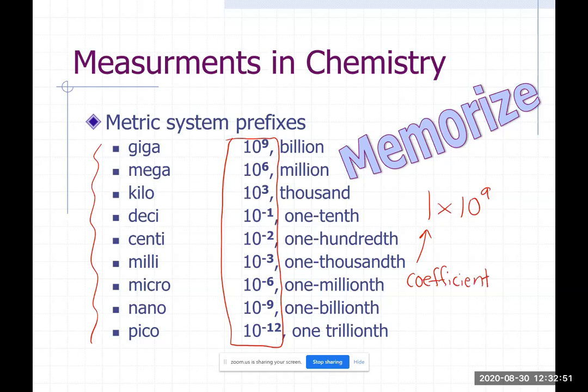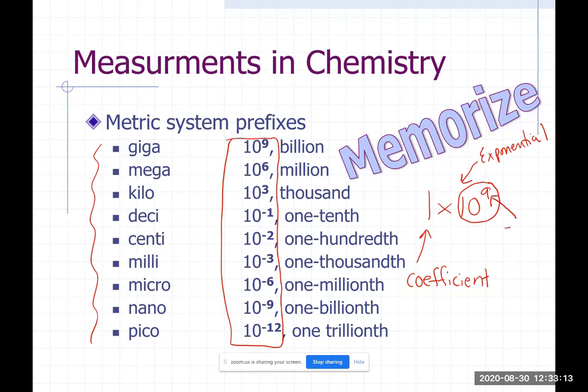And then we have our exponential term, which is this 10 raised to some power. So that's our exponential term of scientific notation. And then the 9 is the exponent.